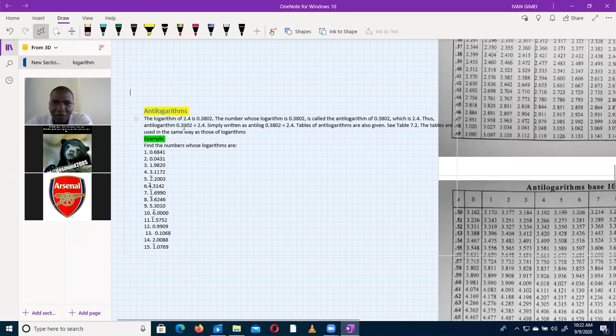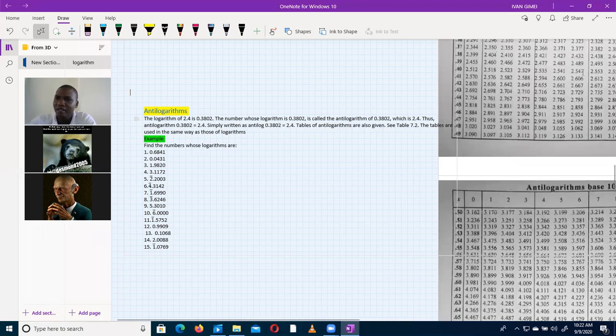Thus, antilogarithm of 0.3802 is 2.4. So how do you find the antilogarithm? There's an example here. I am just going to show you 2 examples and end the lesson.